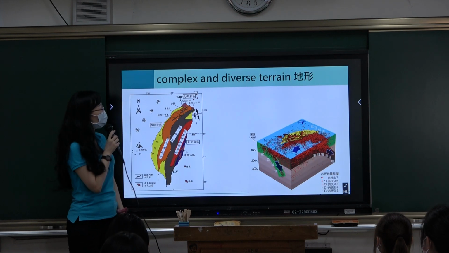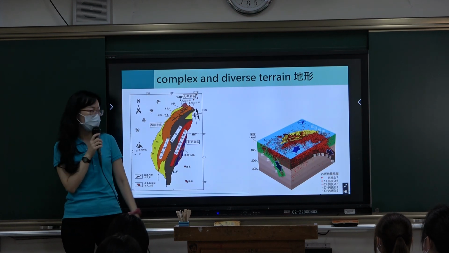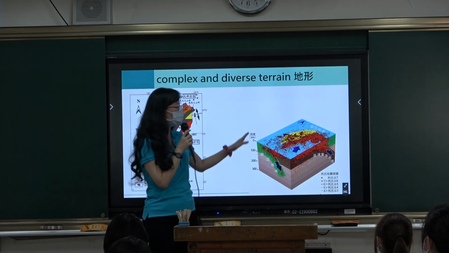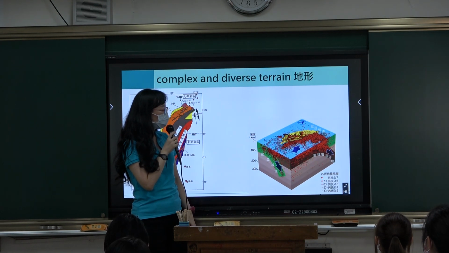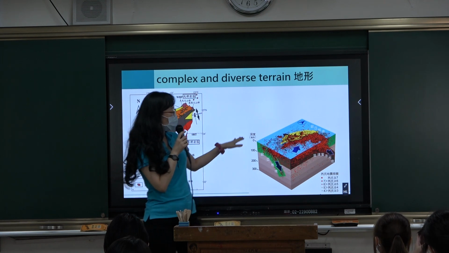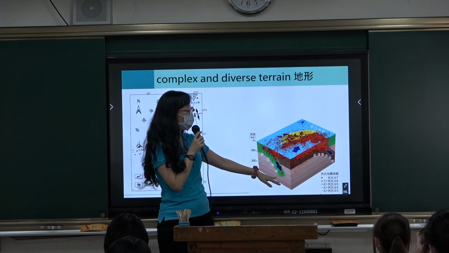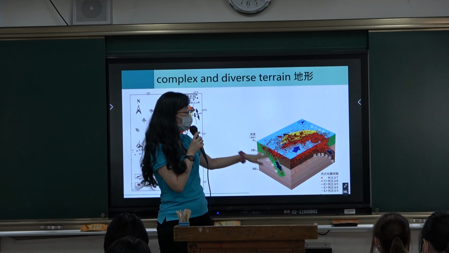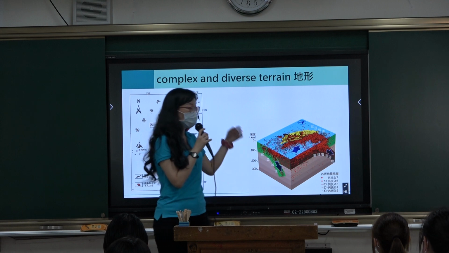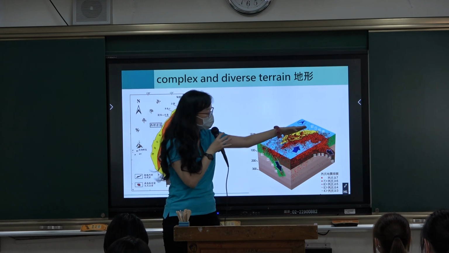And then we continue to talk about our terrain. So the terrain, as you can see from the map, of Taiwan, because we have two plates, the Eurasia plate and also the Philippine Sea plate. But it collides in here.